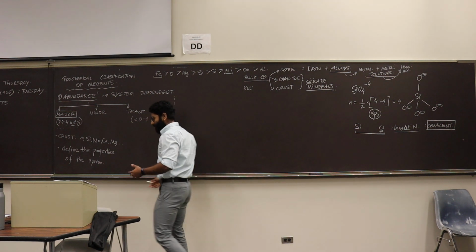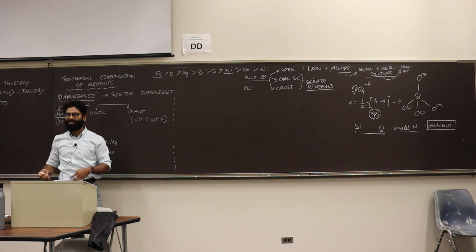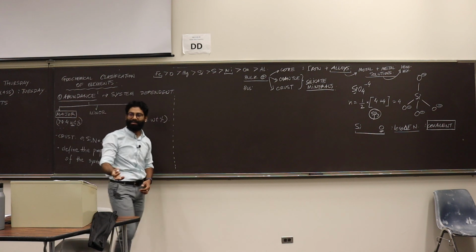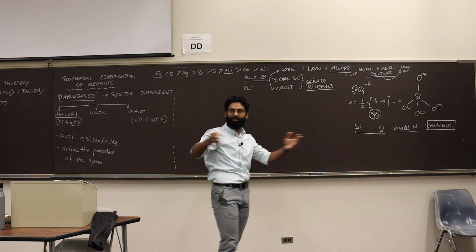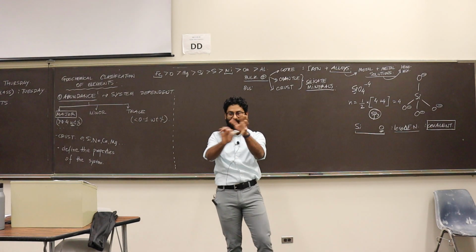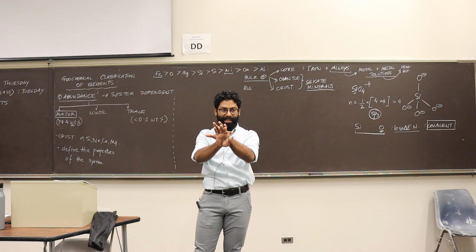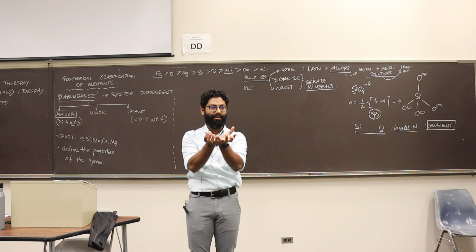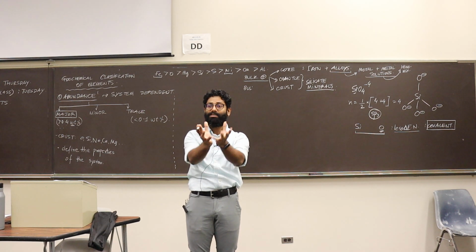What are some of the alloys that you know? Steel is an alloy, bronze, brass, solder, those things are alloys that we generally use. All these are metal and metal, which come together and mix in such a way that they form a homogeneous solution.